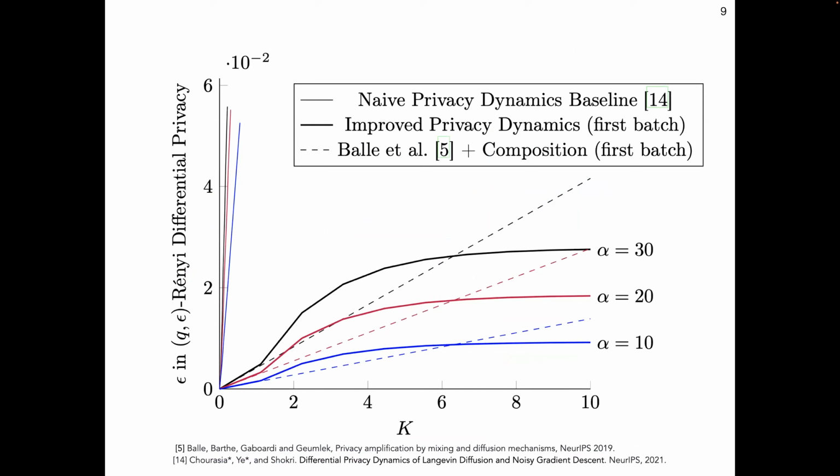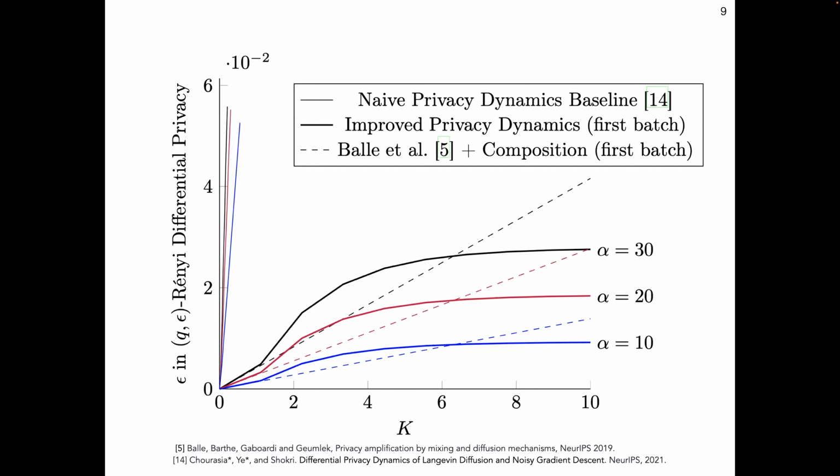And because there is no amplification due to stochastic minibatches, we observe that our bound is significantly smaller than the bound for the naive extension of the gradient descent bound to stochastic minibatch setting.